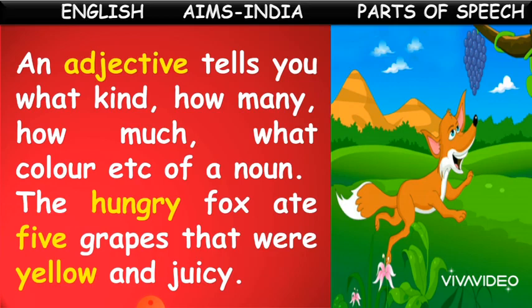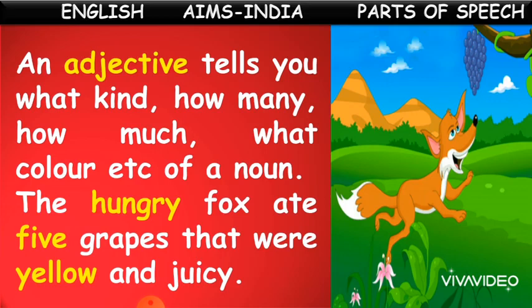In our example we have: The hungry fox ate 5 grapes that were yellow and juicy. See, the hungry fox. Here fox is our noun and hungry is an adjective. Why? Because it tells what kind of fox it was. The fox was feeling hungry, so hungry becomes an adjective. Then 5 grapes.